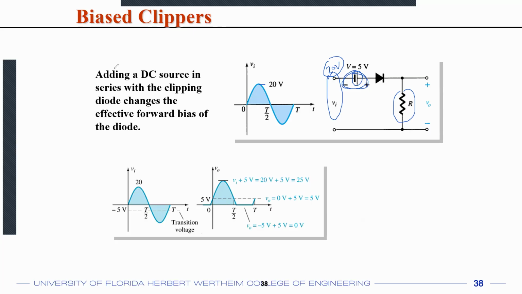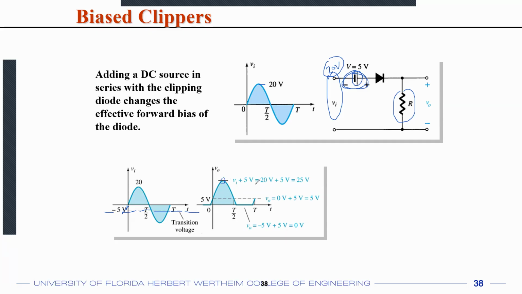So how would you represent this graphically? Again, you have this 20 volt peak, or 40 volt peak to peak, sine wave. You draw this line at minus 5 volt. Whatever is above minus 5 volt will pass through the diode. So the signal that gets passed through the diode looks like this.